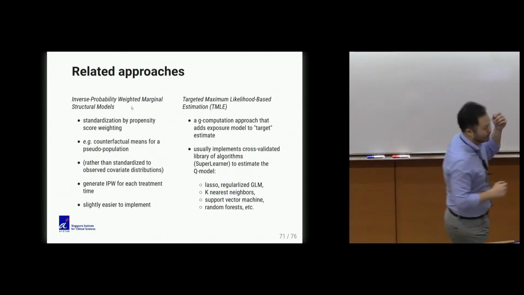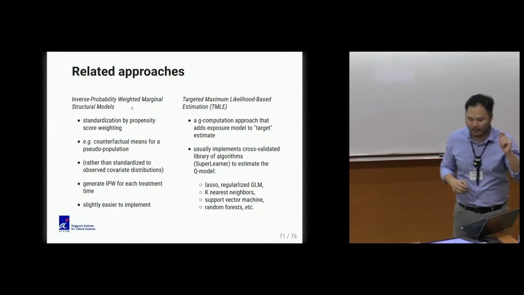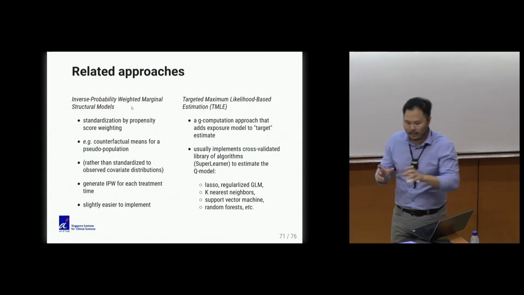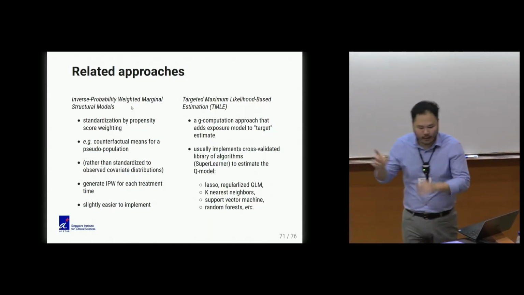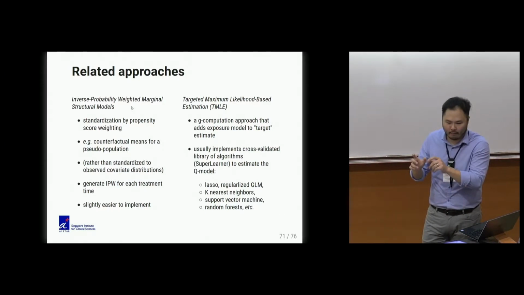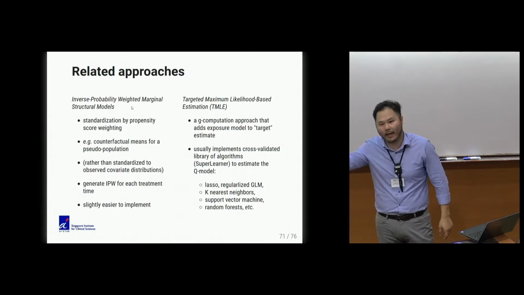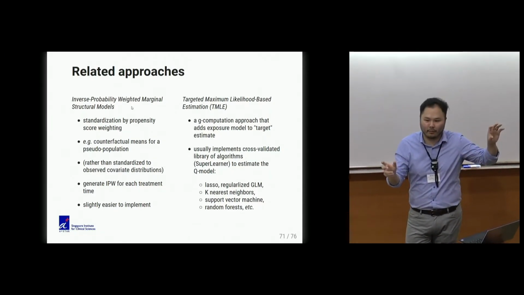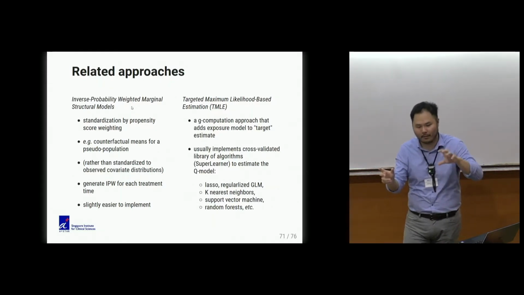An extension of the G formula approach called TMLE, or Targeted Maximum Likelihood Based Estimation, changes this in some ways. It brings in, so you have your G computation, and you bring in the probability weighted approach. So the G computation gives you an estimate of the outcome. The inverse probability weighted approach gives you a model for your exposure, because it's the probability of exposure.